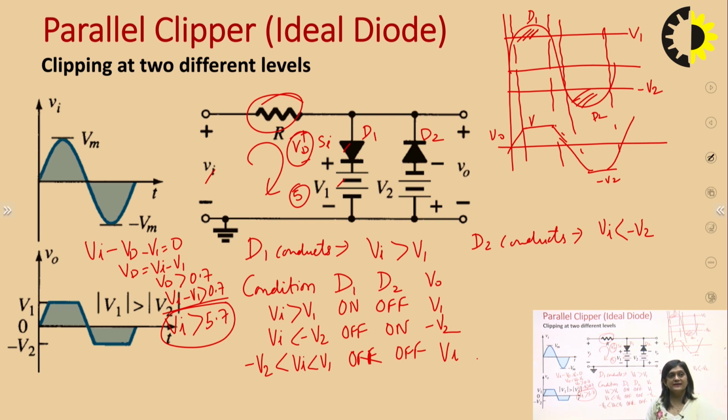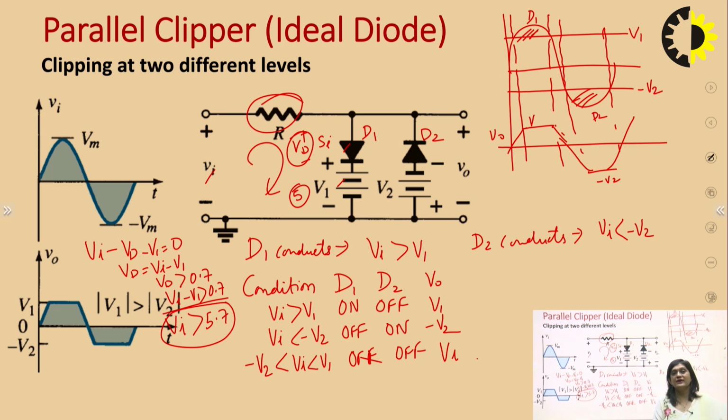We apply KVL with Vi, V1 and Vd, and find Vd is equal to Vi minus V1. If it is a silicon diode, we put Vd greater than 0.7, so Vi is greater than 5.7. This is the condition in which our diode will conduct.